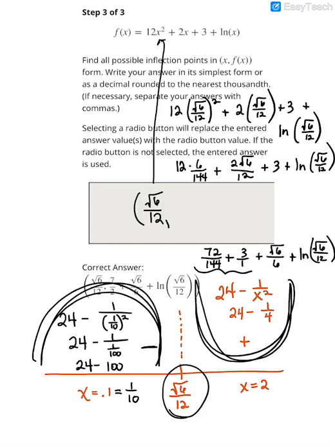And so here, I'd probably reduce first. 72 over 144 would give me a half. So if you're adding a half plus 3, that's going to be like saying 1/2 plus 6 over 2, so you end up with 7 over 2. So we have 7 over 2, plus square root of 6 over 6, plus the natural log of square root of 6 over 12. And since they didn't ask for the decimal, this is all your y value together. If they wanted a decimal, then you could actually punch it in.